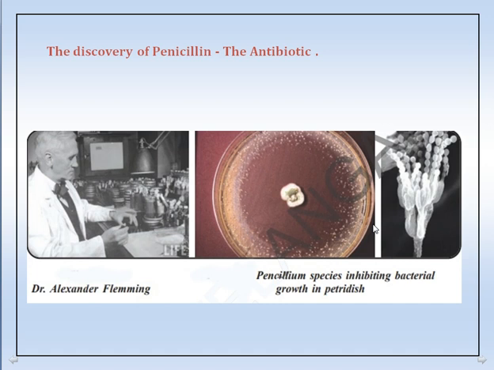He was working on antibiotics in his lab. By accident, one day he observed that some fungus mold was preventing the growth of bacteria in the petri dish in which he was growing bacterial colonies.